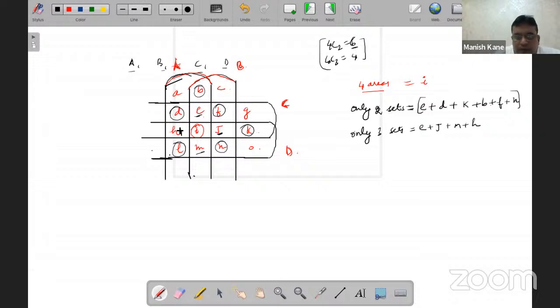H is common to A, C, and D. J is common to B, C, and D. Have you understood? And M is common to A, B, and D. So this is how E, J, M, and H. And which area is common to only one region?